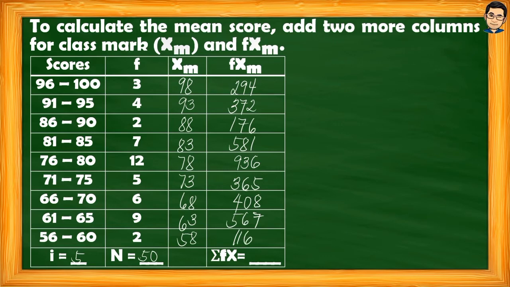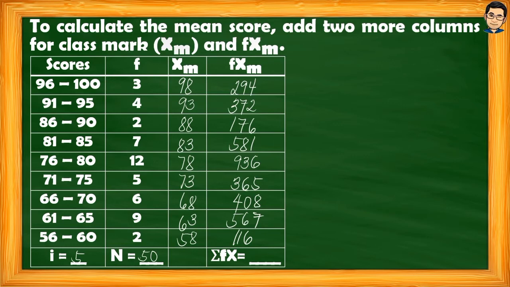So, para makuha natin yung summation ng f of x, ay fx, summation ng product nung frequency and class mark, so, i-add lang po natin lahat nung mga nakuha nating product sa fourth column. So, 294 plus 372 up to 116.